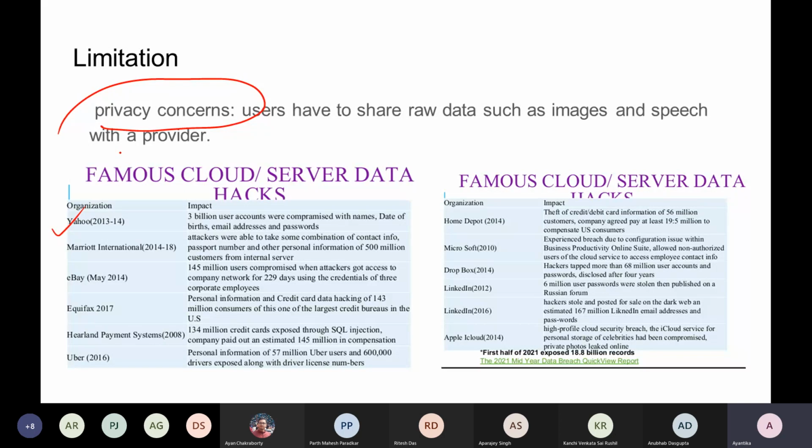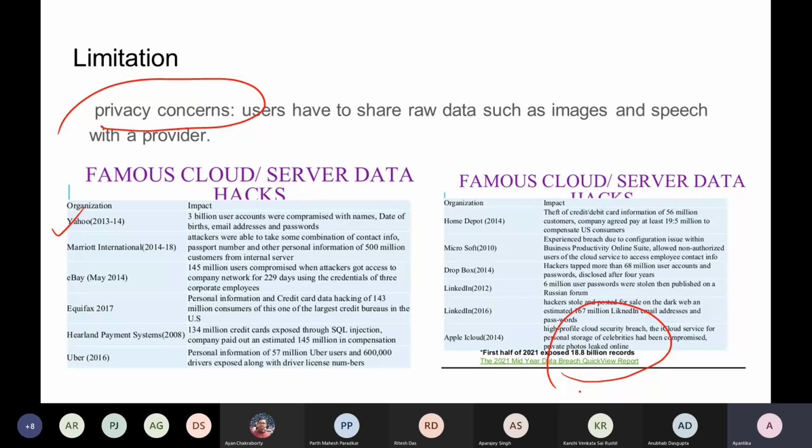You may go through the list, I'm not, because it will take time. The list is given up to 2017, 18, and even in 2021, this year, there is a huge number of records just within the first 4 5 months. Billions of records got compromised.